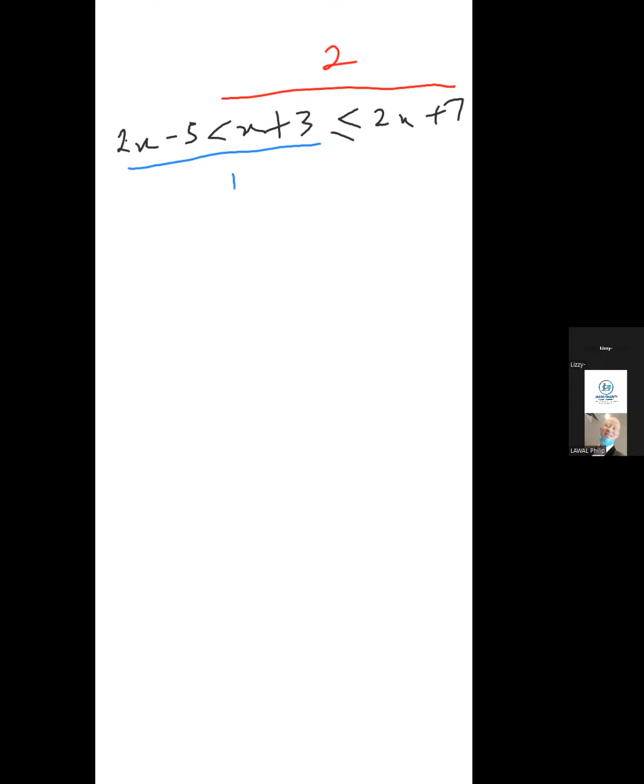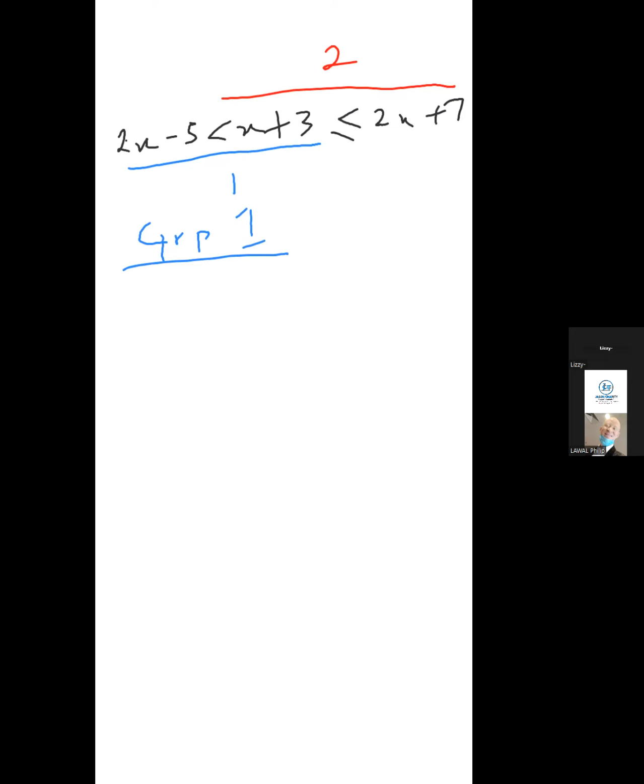So I want to solve group 1 first. What does solving group 1 mean? It means I'm going to solve this equation I underlined in blue first.